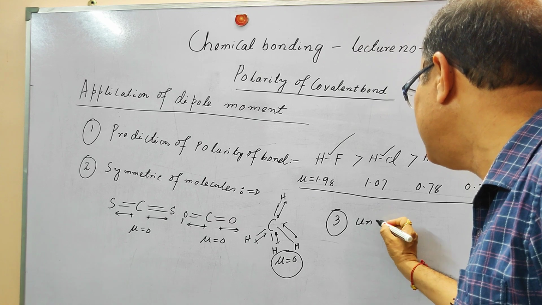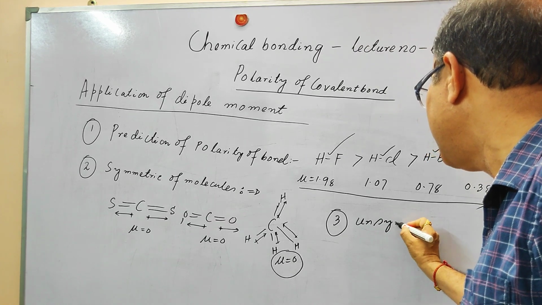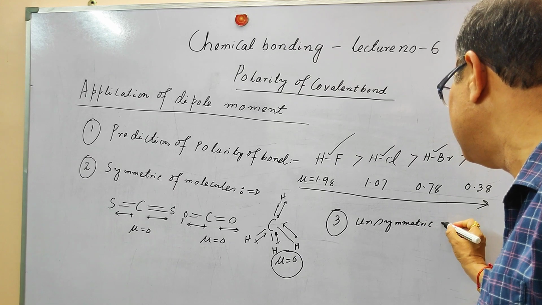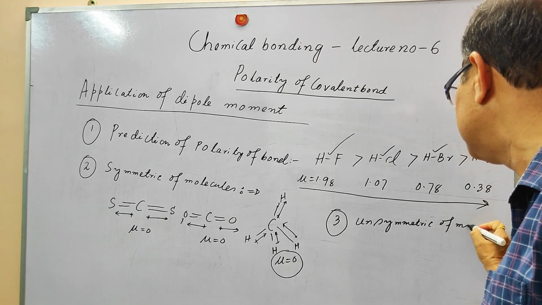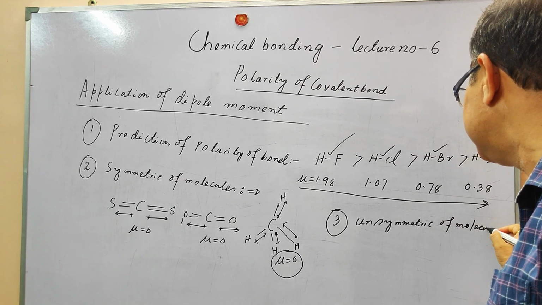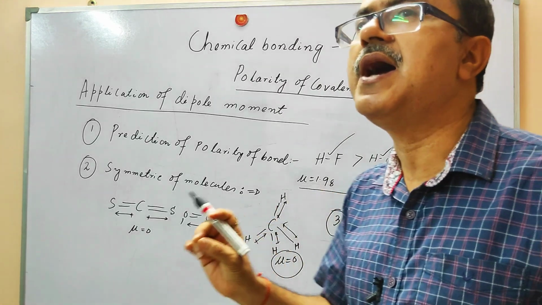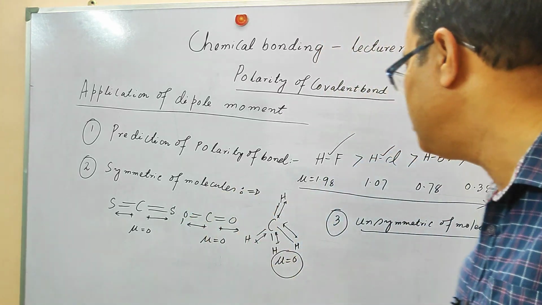Third point: the unsymmetry of molecules can also be assessed from the dipole moments. Some molecules have a resultant dipole moment.